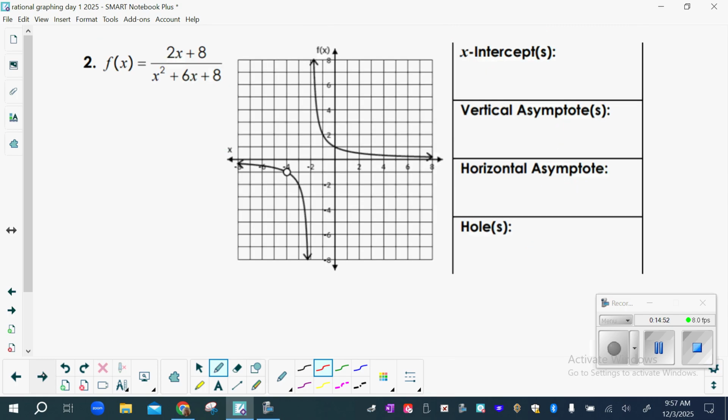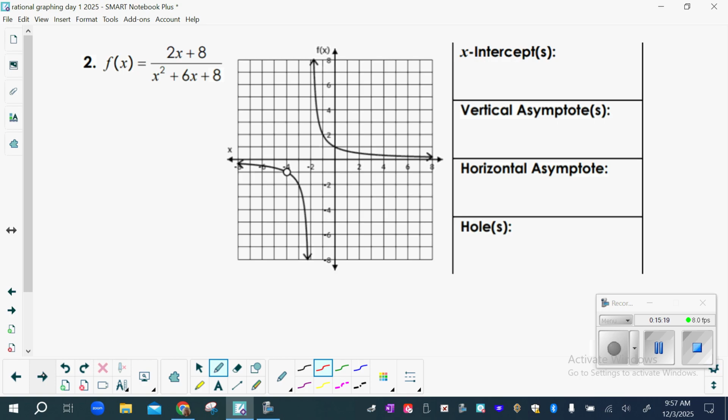Sweet potatoes, do the next one on your own. Label your parts. Negative 2 comma 4, or is it 2 comma 8? Okay, you're doing this next one. Find your parts. Hey, sometimes there's missing stuff. That's okay. There's no x-intercept on this one.